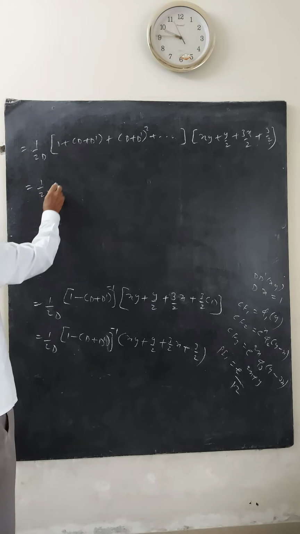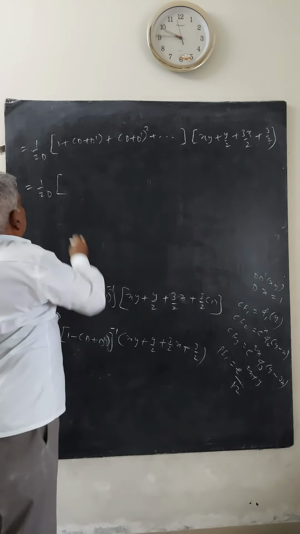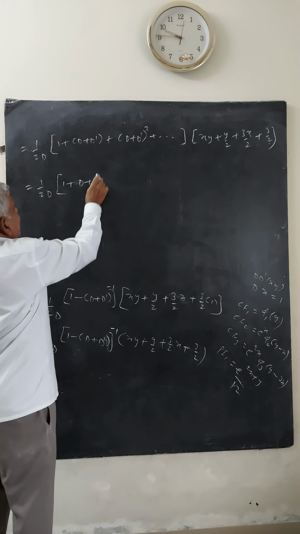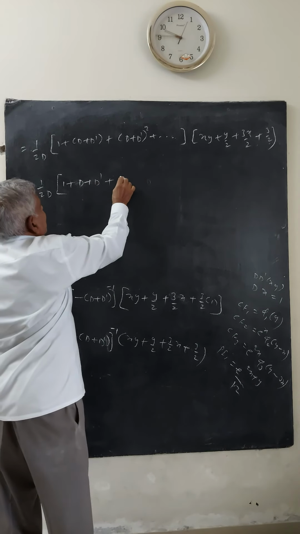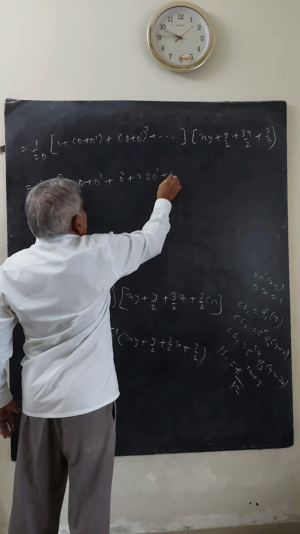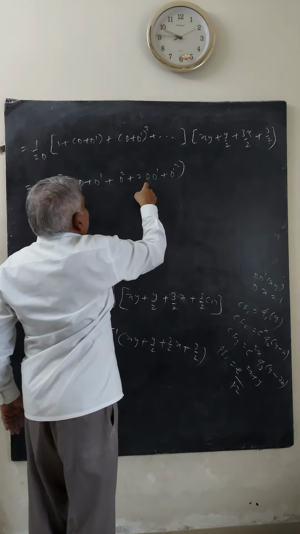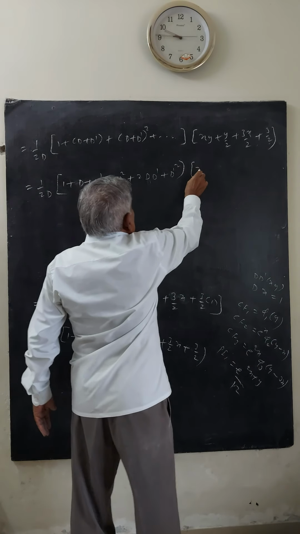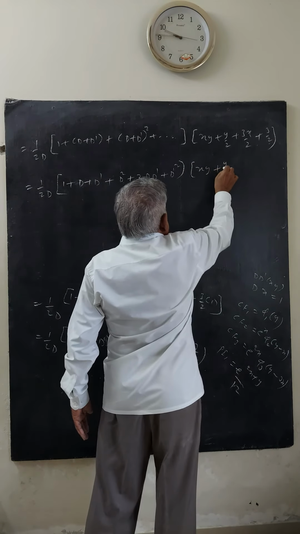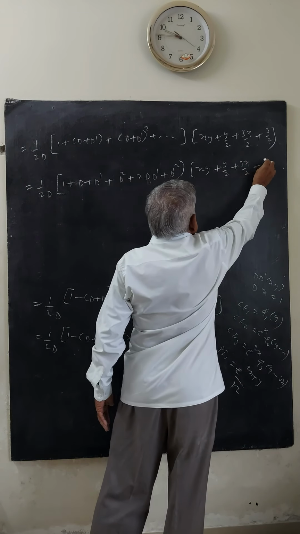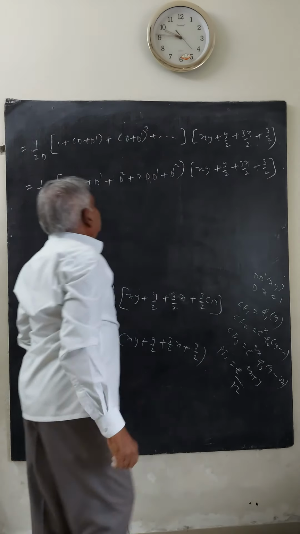1 by 2D (1 plus D dash) remove the bracket, D plus D dash in this D dash square plus 2D dash plus D dash square. D dash square, D square, D dash square not necessary, of xy plus y by 2 plus 3x by 2 plus 3 by 2.